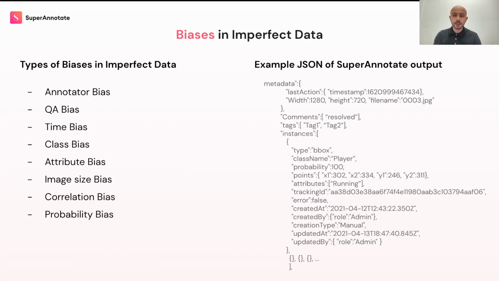Here on the right side, we're showing an example JSON file of our output, where we're recording not only the box coordinates and the class of the box, but also the attribute of the box, when it was created, who created it, under which role it was created, and so on. Given that each bounding box comes with all this information, you can create tools to check those biases and correct them as you do more and more annotations in the future.